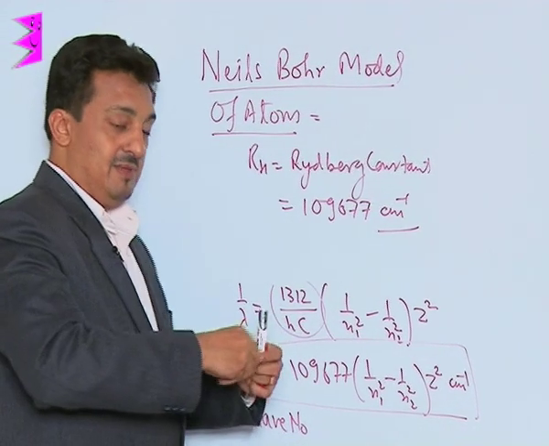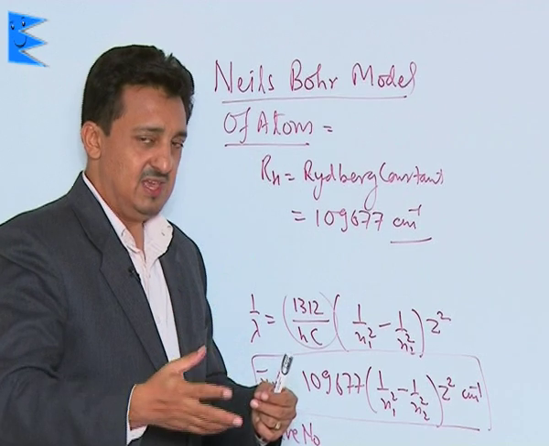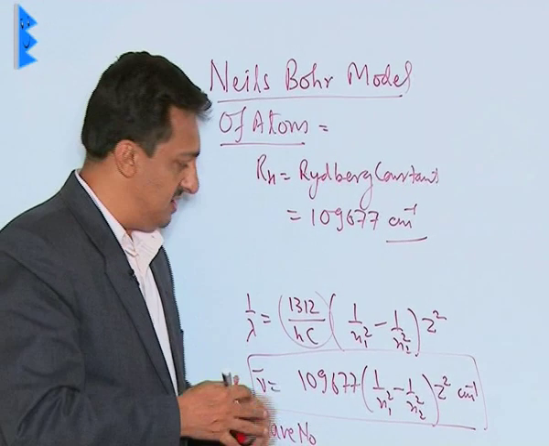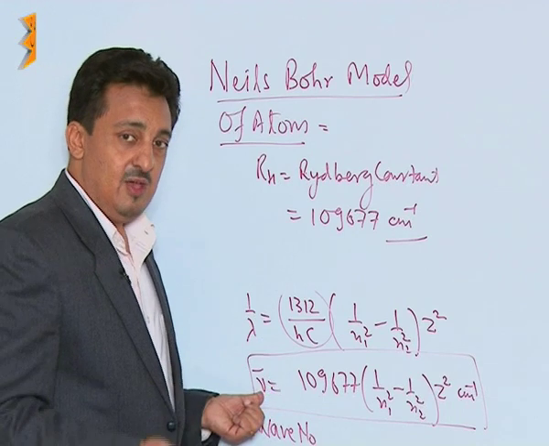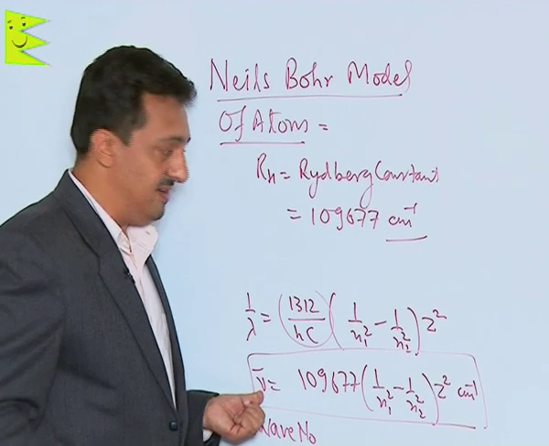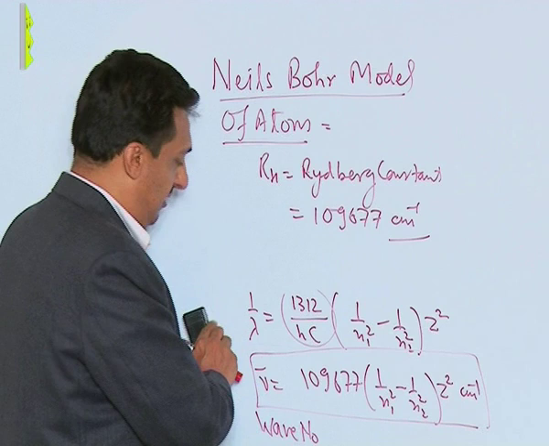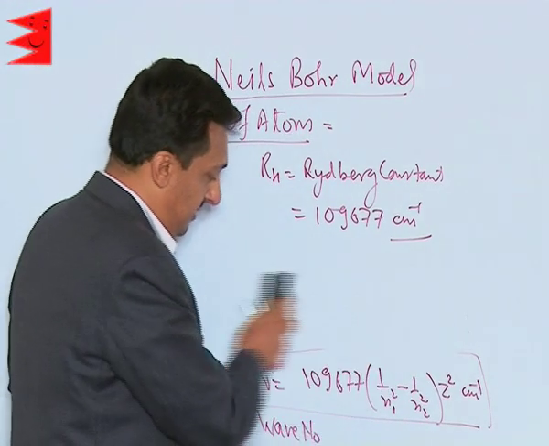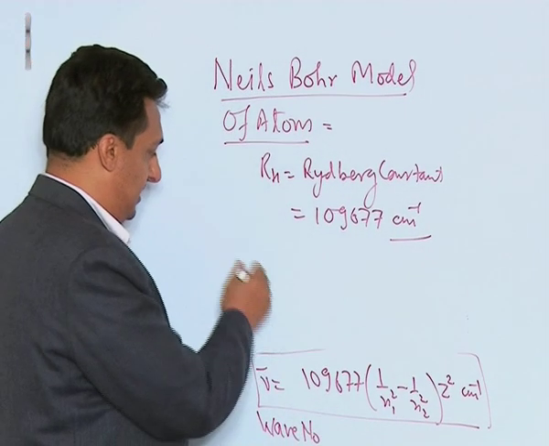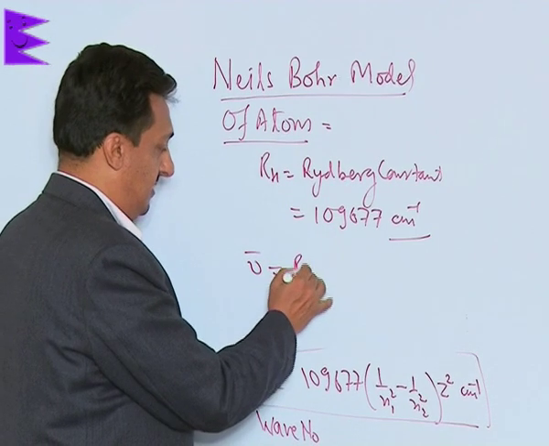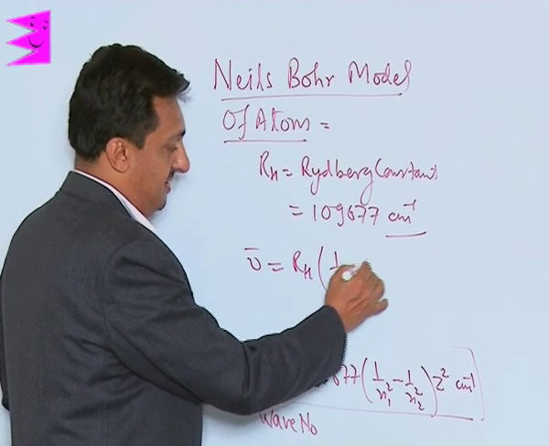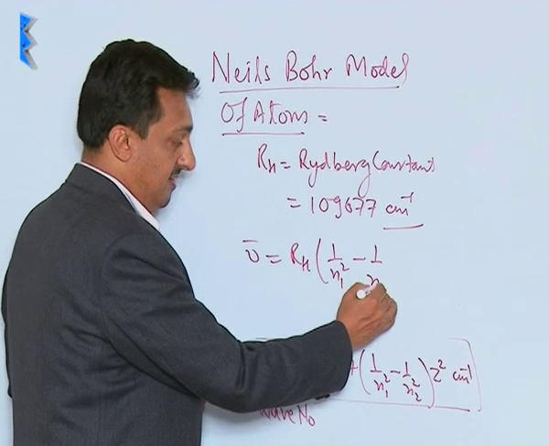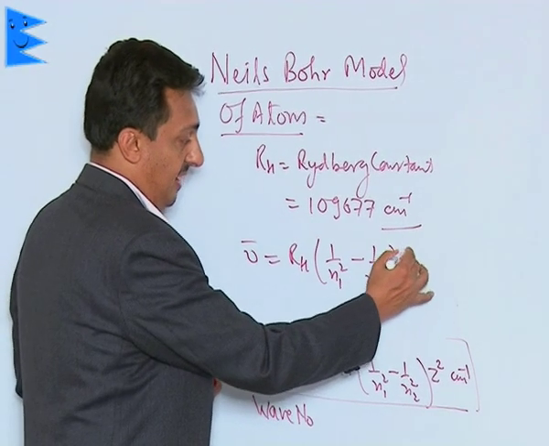So in place of remembering the values of h and c and different things, we can directly find out the wave number. Once we know the wave number, we can find out the lambda, or once we know the lambda, we can find out the energy differences. So the simplest form of the formula is that the wave number is Rydberg's constant times 1 upon the lower energy level square minus 1 upon the higher energy level square, times Z square.